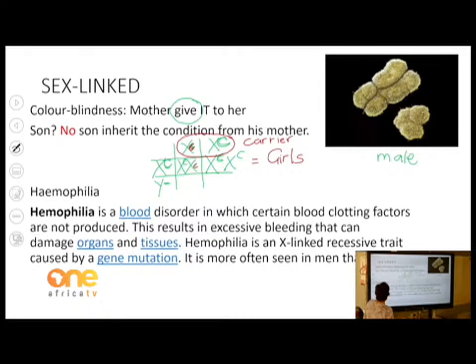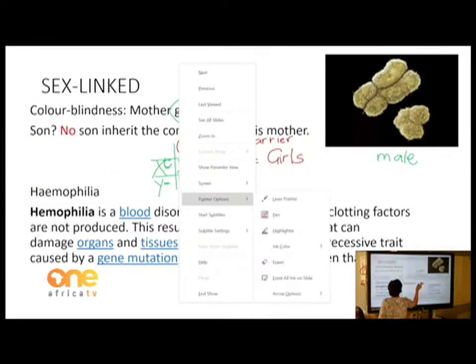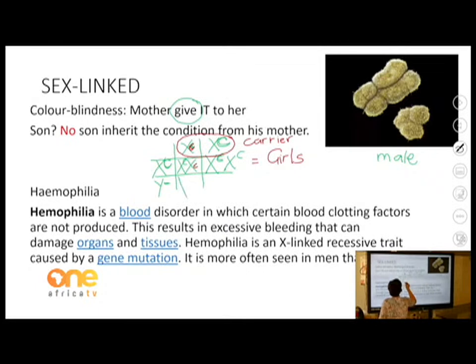The boy will look like this. X from its mom. X from its mom. Y from the dad. But on the Y, there is no allele for colorblindness or not colorblindness. There's nothing.